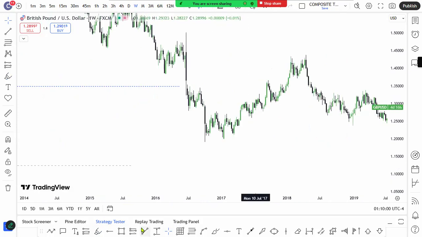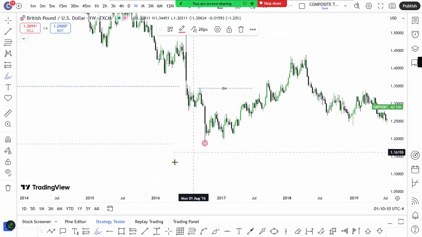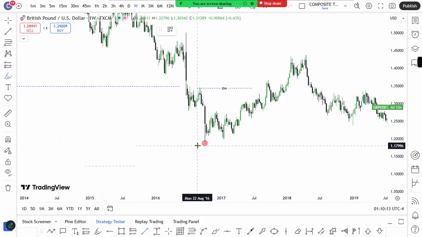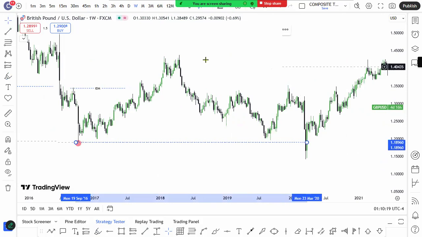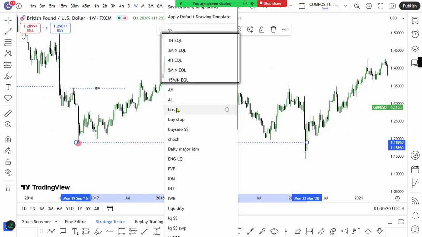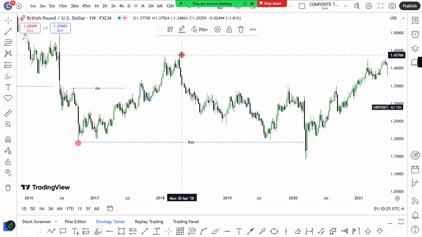This is inducement taken out. Break of structure here. This is a break of structure. This means that this is your protected high.